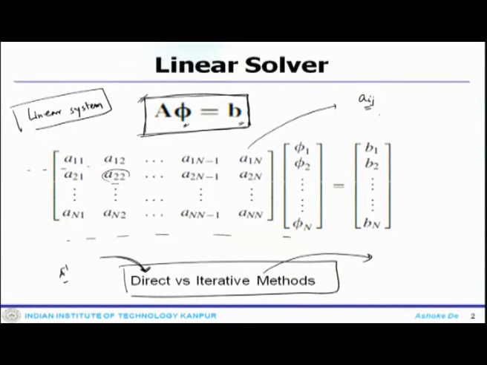Any of these Aij is nothing but a measure of the strength of phi, because that is multiplied with the second element of the variable. So every row represents an equation defined over one element of the computational domain, and the non-zero coefficients are going to get you the solution for that system.